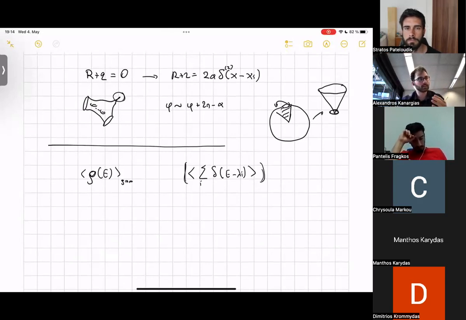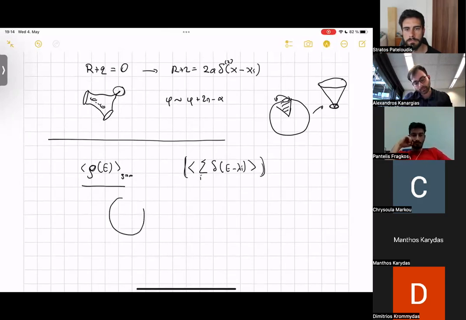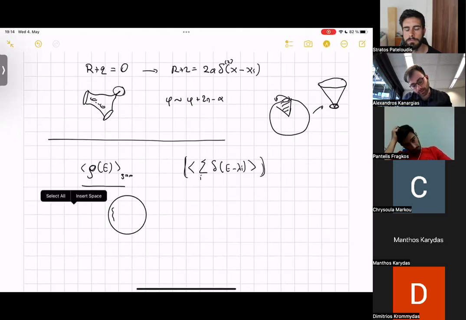So in a sense, if you don't know, for example, the potential of the matrix model that I mentioned, but you know this density, you can still calculate things. And this density you can read off from the gravity side by calculating the functional integral on the disk topology.